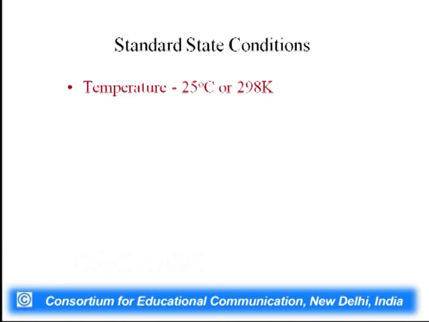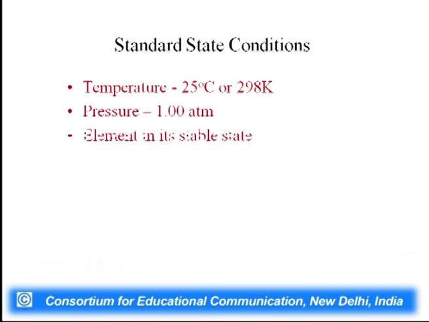What is the standard state condition? Temperature is 25 degrees Celsius or 298 Kelvin, pressure is 1 atmosphere, and the element should be in its stable state. For example, oxygen can exist as atomic oxygen, O2 in gaseous form, O2 in liquid form, O3 in gaseous form.